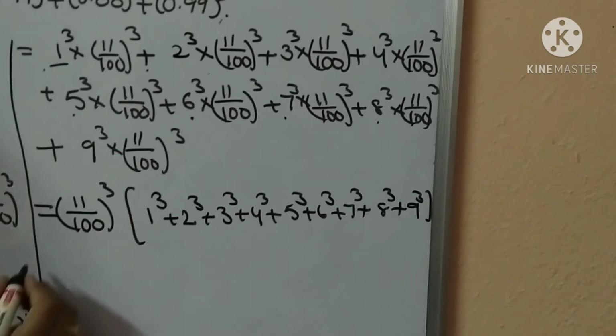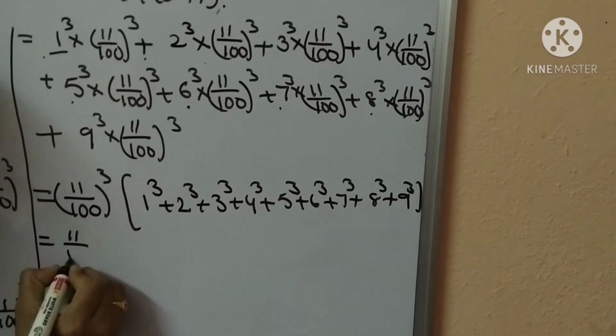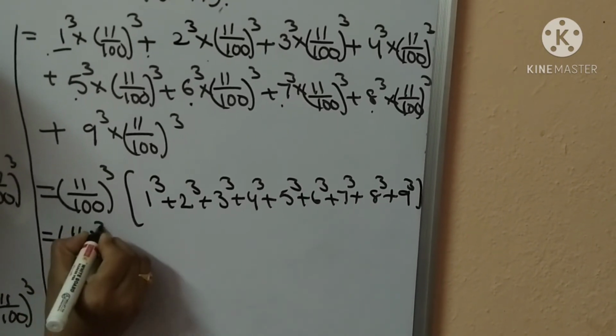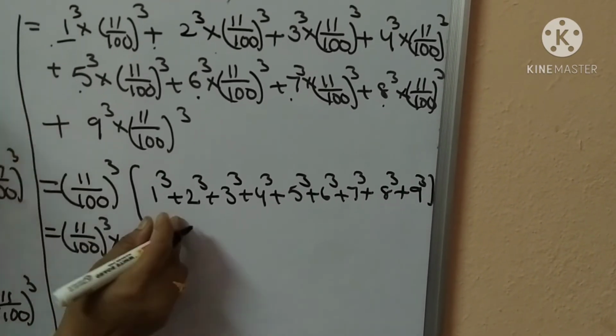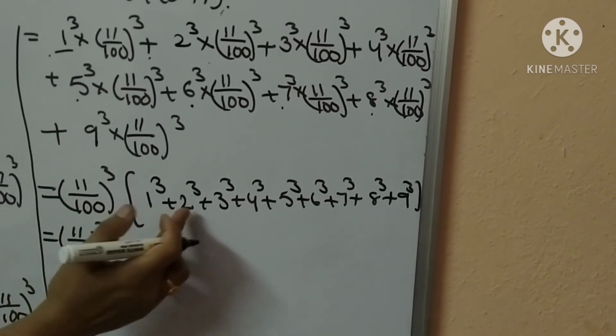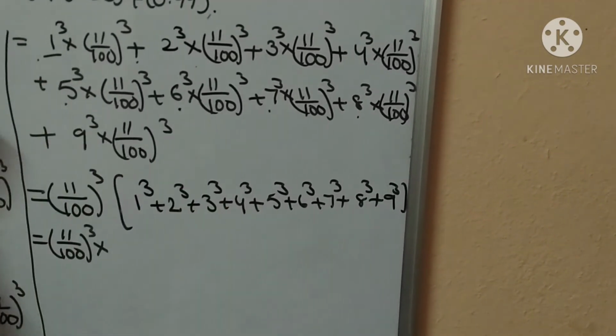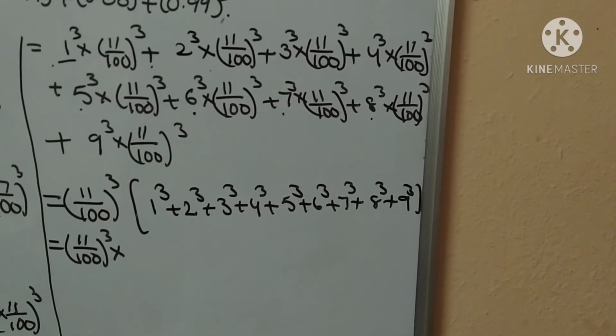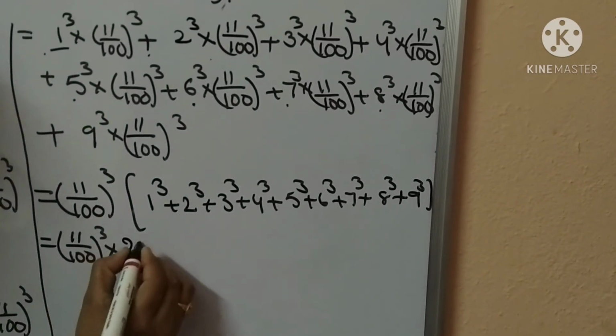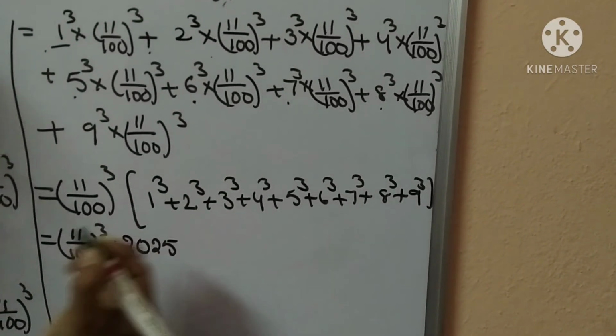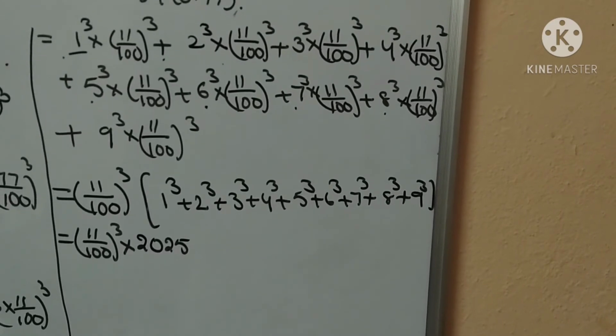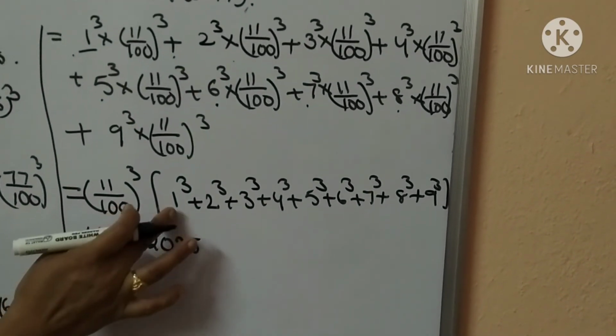Okay children. So write (11 by 100) whole cube into, as already given, 1 cube plus 2 cube and so on up to 9 cube, whose value is 2025. Okay children, 2025. Did you understand?